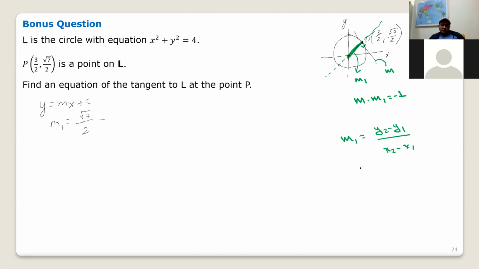So it is -square root of 7 over 2 minus 0, that is 3 over 2, that's equal to -7 over 3.